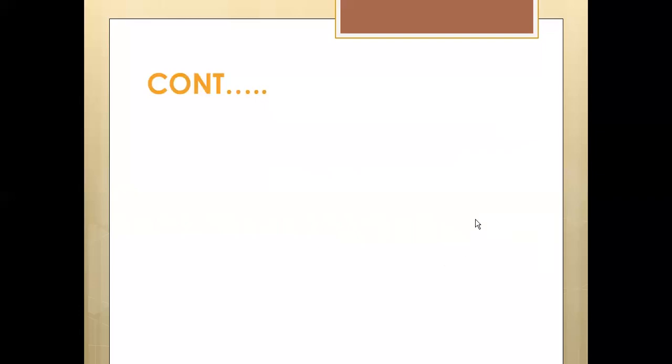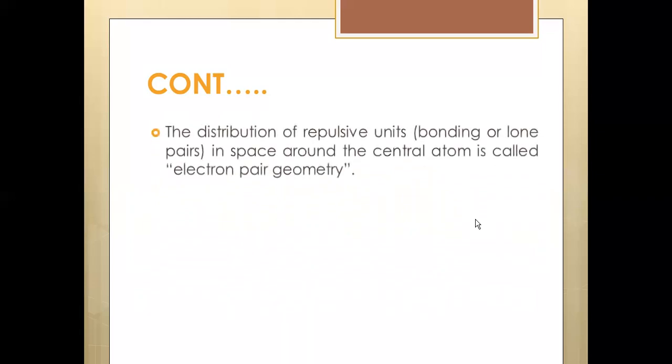What is meant by the repulsion force? Because of this repulsive force, the presence of the bonding pairs and lone pairs finally results in the electron pair geometry.